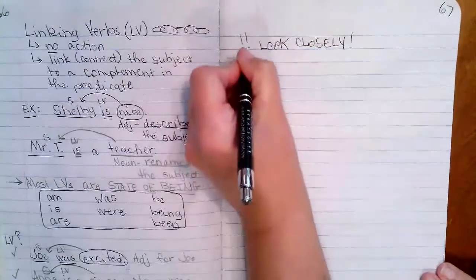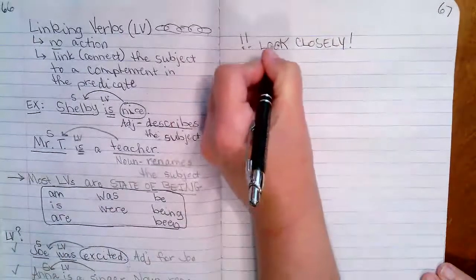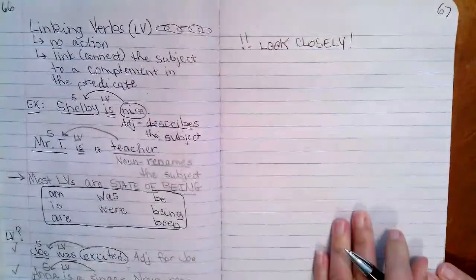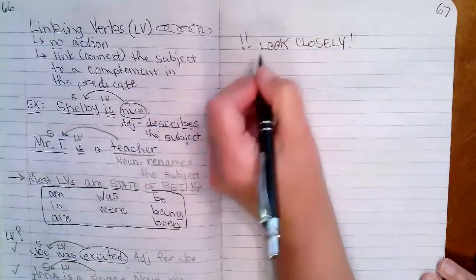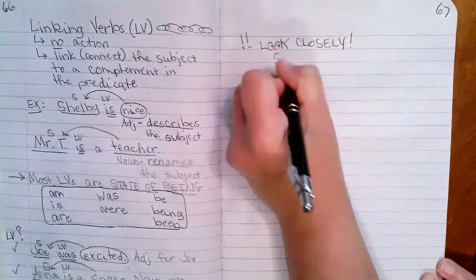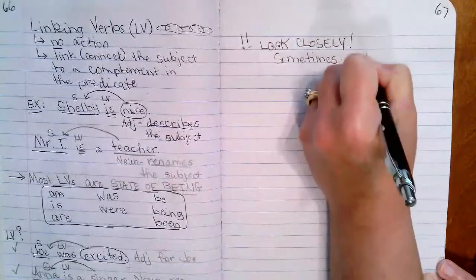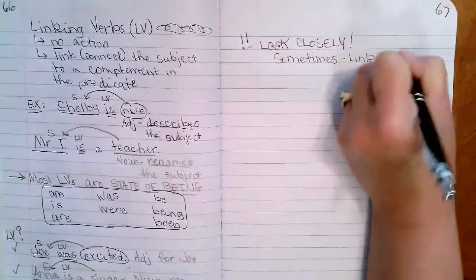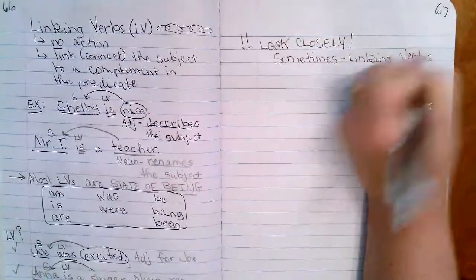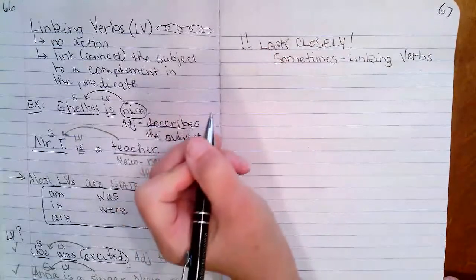All right, because most linking verbs are state of being verbs, but guess what? We've got this little set of words that are called, see, they just can't even make up their mind what they want to be. They are the sometimes linking verbs. Because sometimes they're linking, but sometimes they're action.